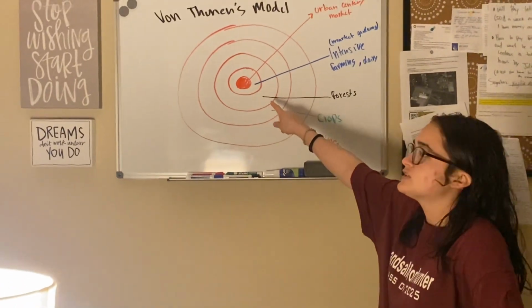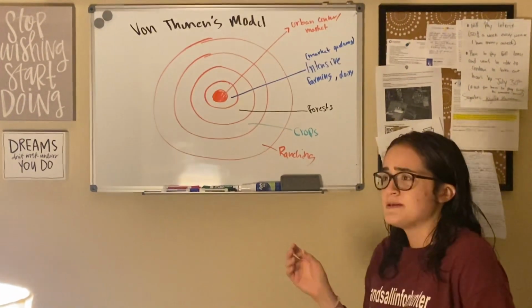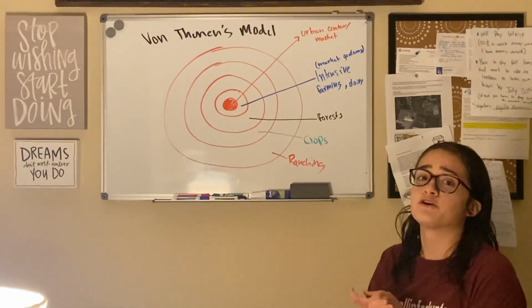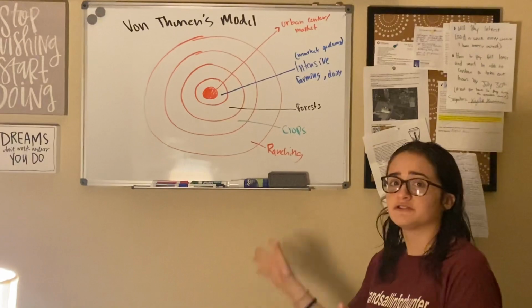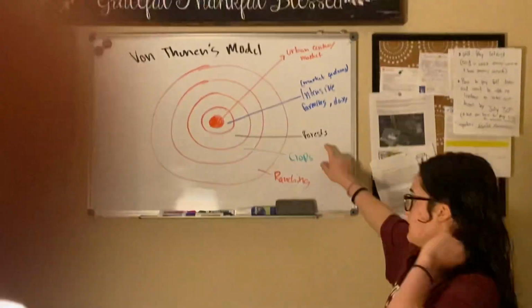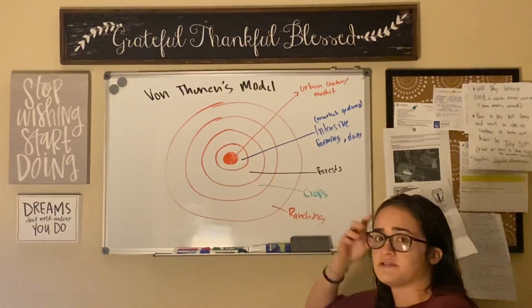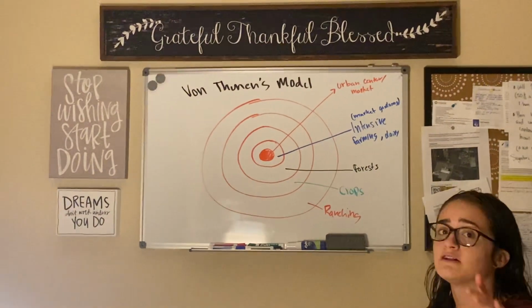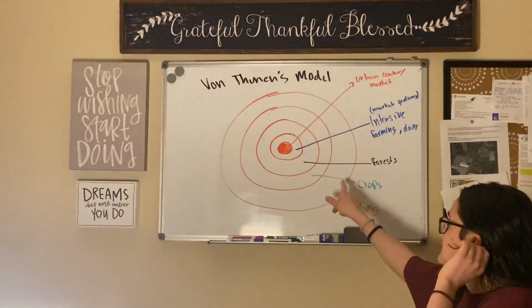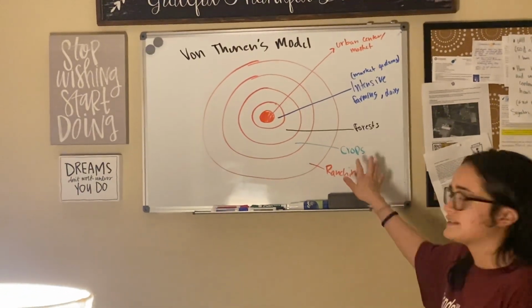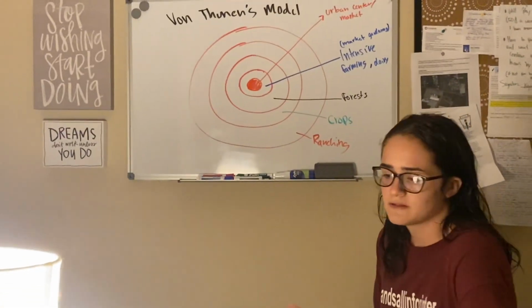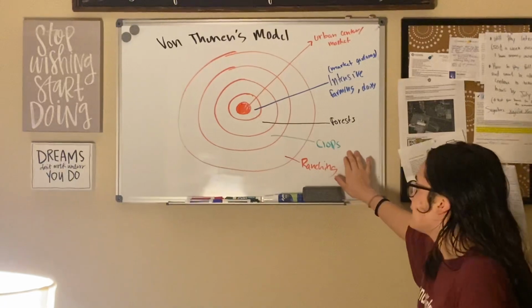Next is forest, and this is because people back then needed fuel and products to build their houses with. They needed it there because transportation was high, so you had to be closer. And then the next one, in the third ring, was crops, and crops were there because they were not as heavy. They were pretty light, actually.